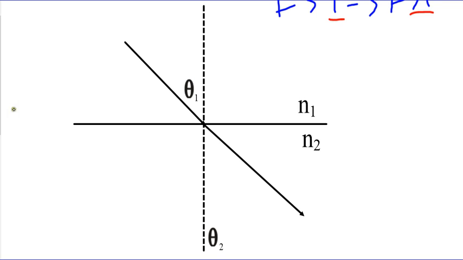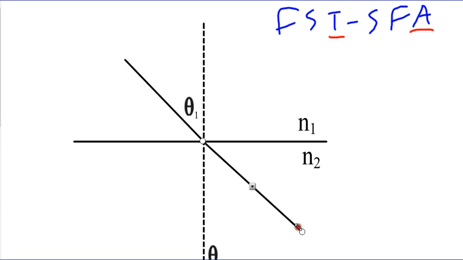Now, if the medium begins to change, and the light is incident from the top and refracting through the bottom, this ray will either bend towards the normal or away from the normal, depending on whether your second medium is a slower medium, or a higher index, another way of saying it, or whether it is a faster medium or a lower index compared to your N1.